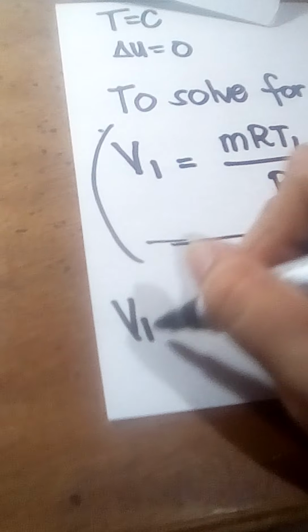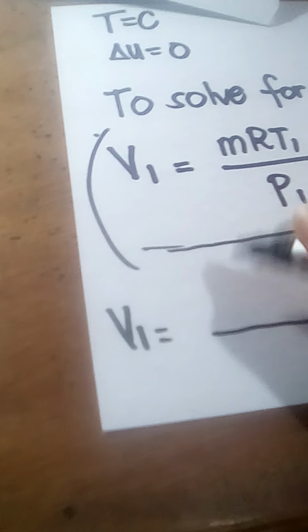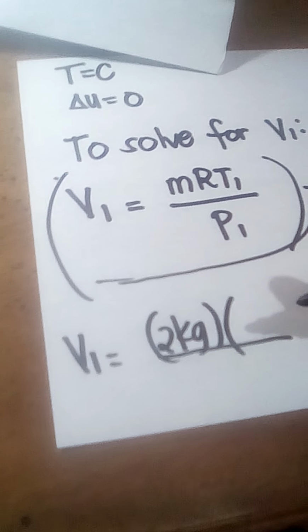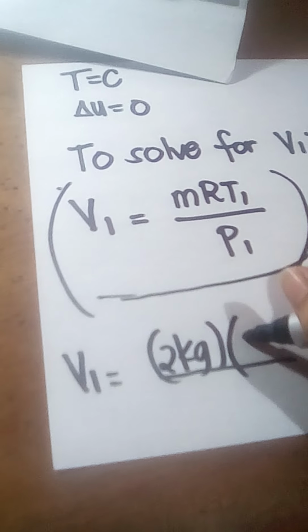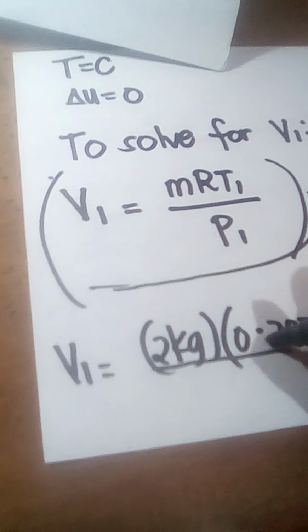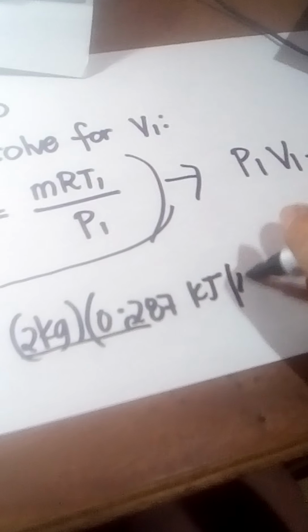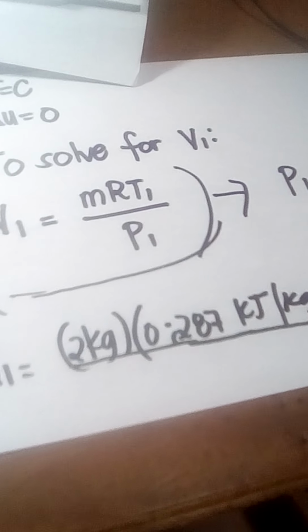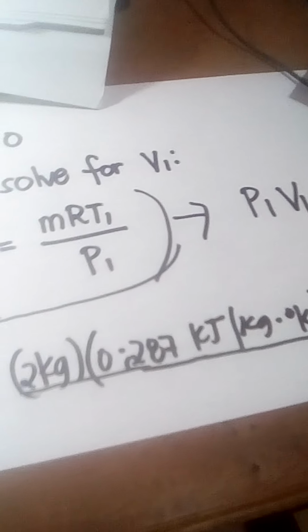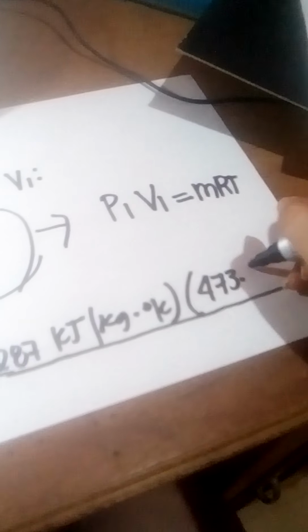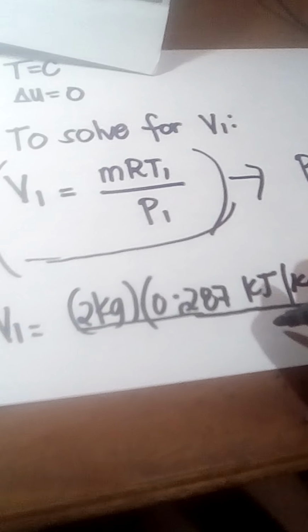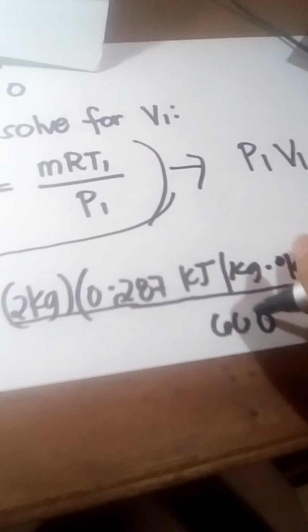So, for V1, our mass is 2 kg, and the R of air is 0.287 kilojoule per kilogram degrees Kelvin, while the temperature is 473.15 degrees Kelvin over the initial pressure, which is 600 kilopascal.